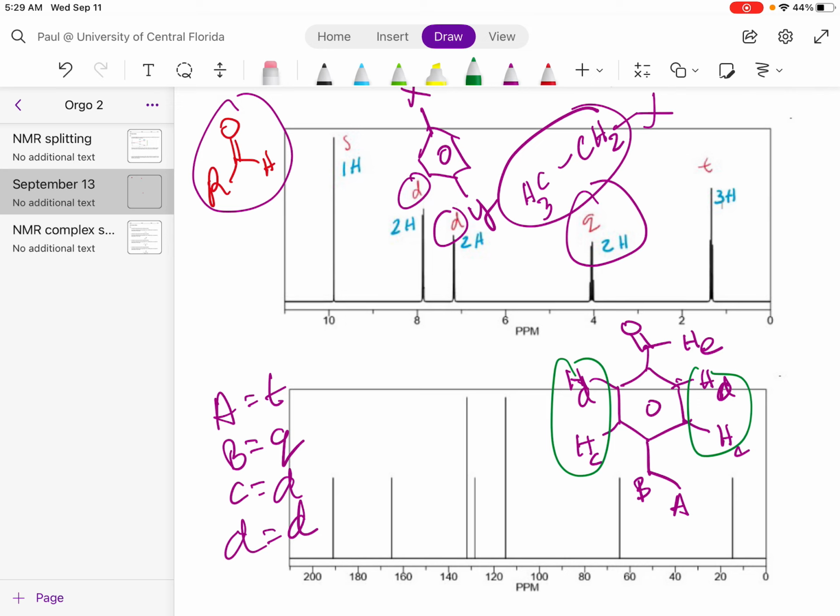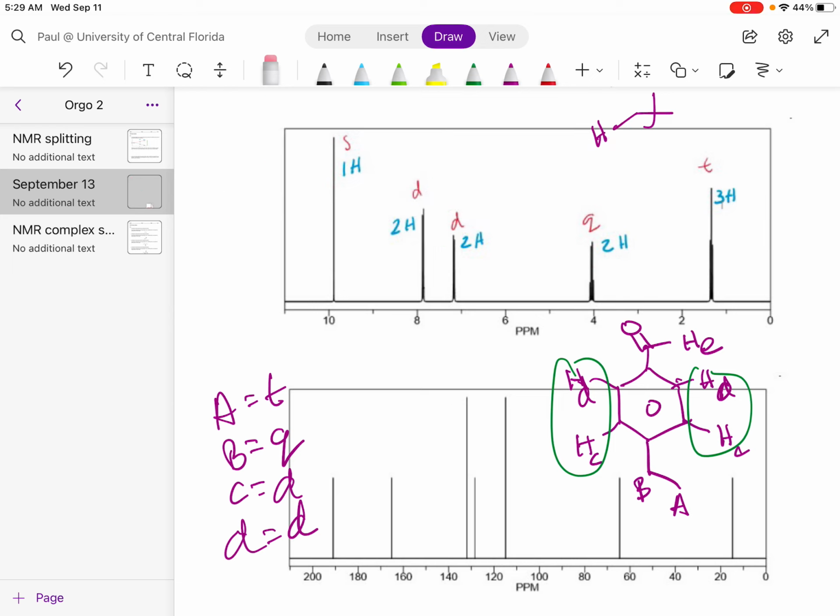And so let's annotate this now, clean this up. Okay, so we can say that has to be the A protons, B protons. And we would expect the D protons to be further downfield because they're next to the carbonyl on the aldehyde. Proton C would be a little further upfield.